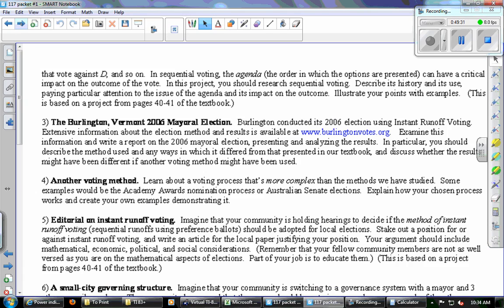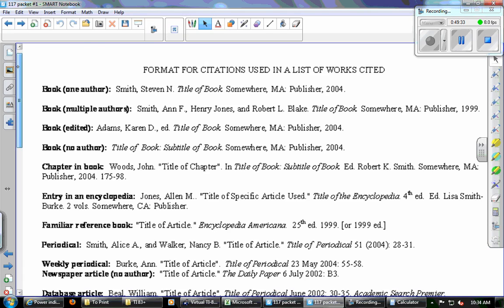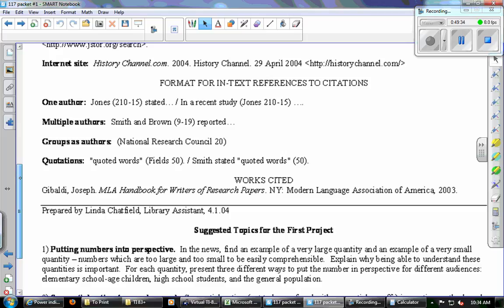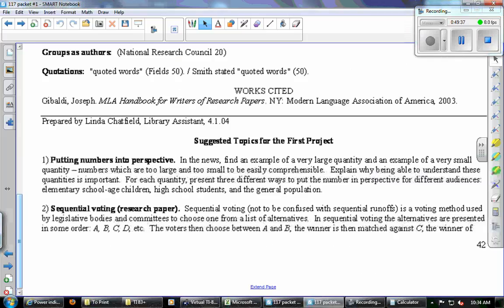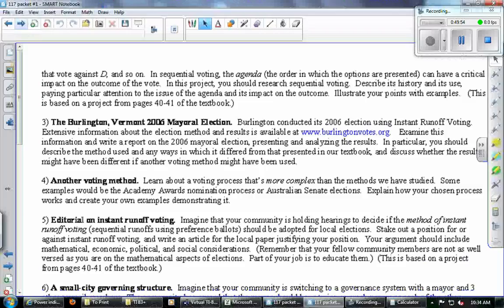And then if you go a few pages down the road, you will find a list of suggested topics. Starts on page 42 of the first packet. So there's this thing about putting numbers in perspective. You can read what it has to do with. And then every other suggested topic here has to do with voting, because that was our main topic for the first third of this course. You have some research papers on different voting methods.